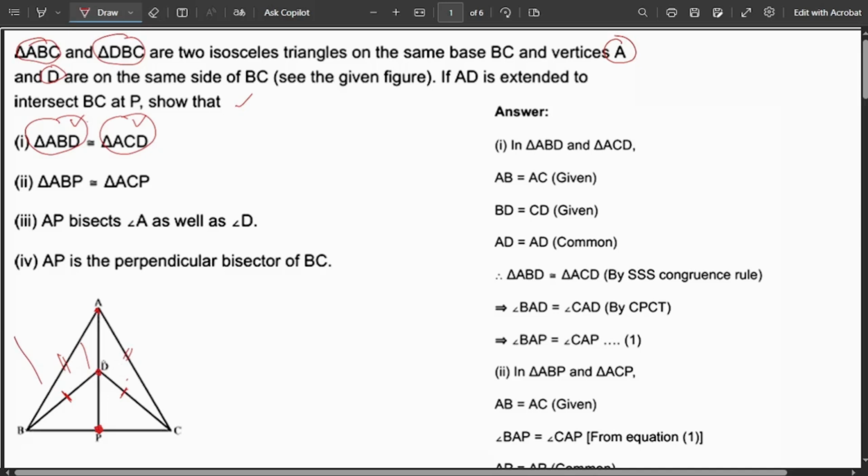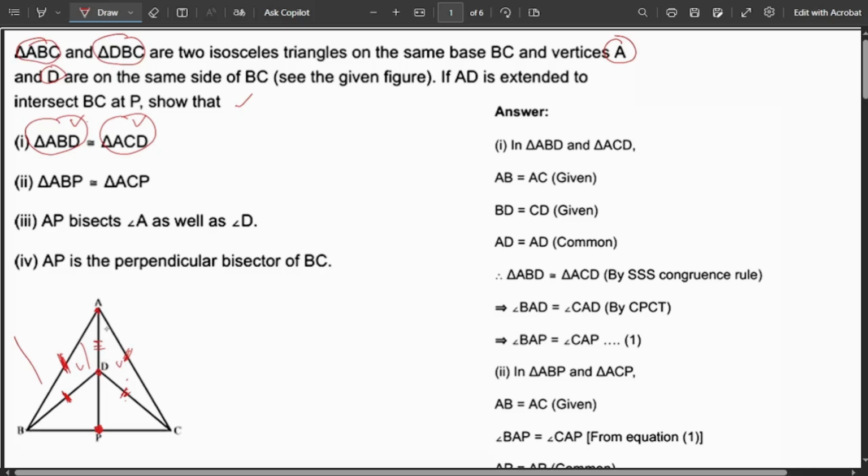Since these two sides BD equals DC, and these two sides AB equals AC, and AD is the common side, by SSS congruency these two triangles are congruent.